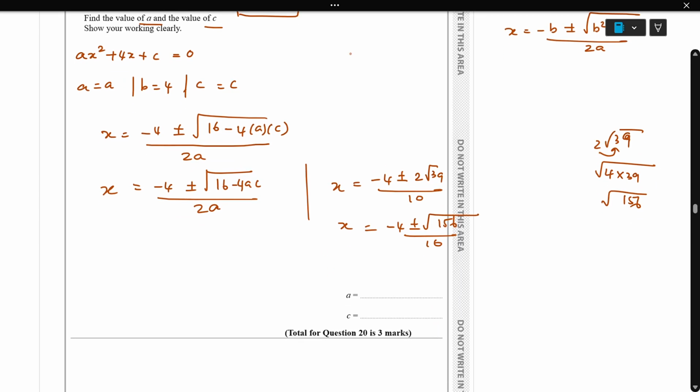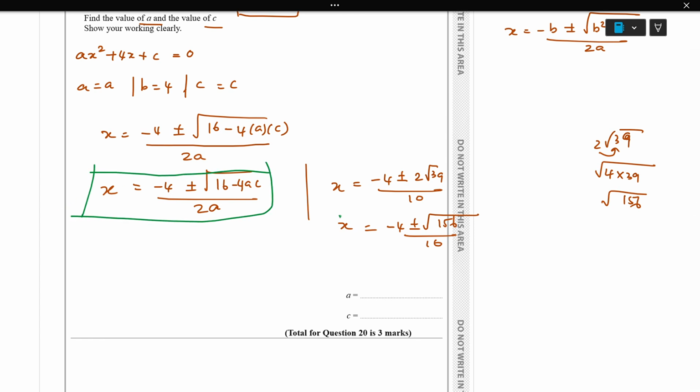Now I'll compare this quadratic formula solution with the solution given in the question. Here the denominator is 2a, here the denominator is 10. So 2a equals 10, so a equals 5. So we got our first solution, a equals 5.